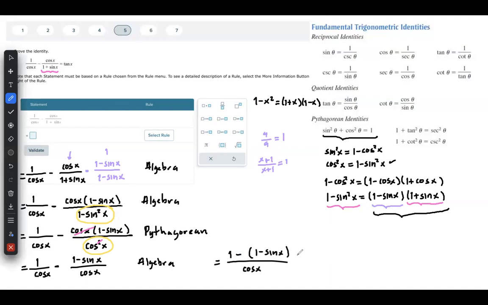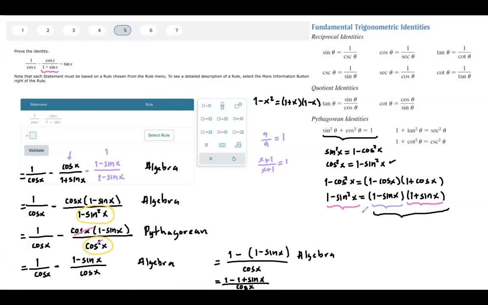So once again, that was simply algebra. If I multiply those, I'm going to end up with 1 minus 1 plus sine of x divided by cosine of x by using some algebra once again.